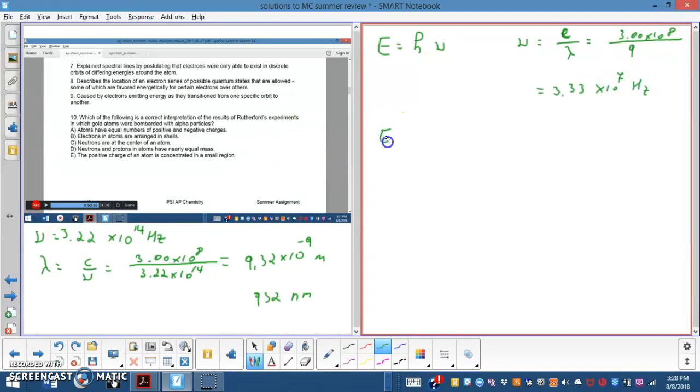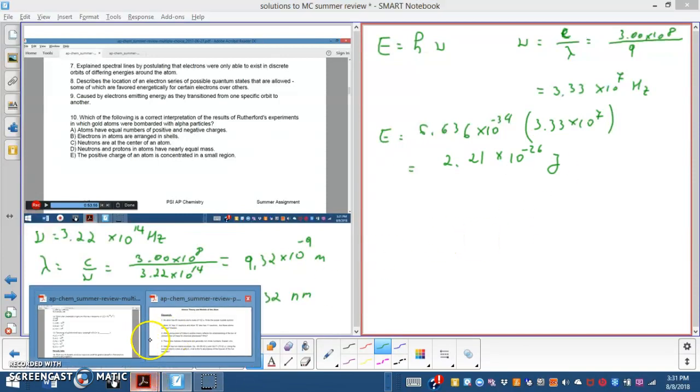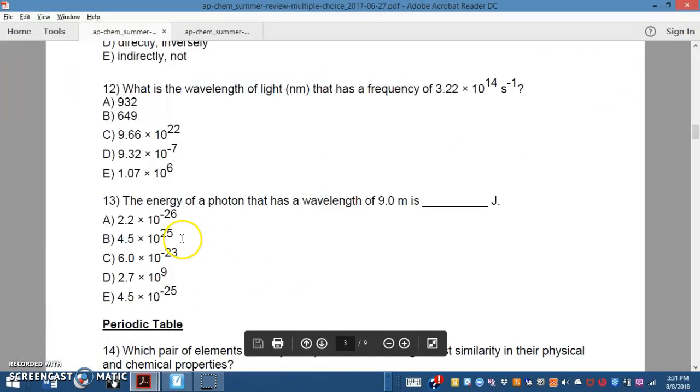And your energy is going to be 6.636 times 10 to the negative 34 multiplied by 3.33 times 10 to the 7th, and your number is 2.21 times 10 to the negative 26 joules. Okay, so A is your answer.